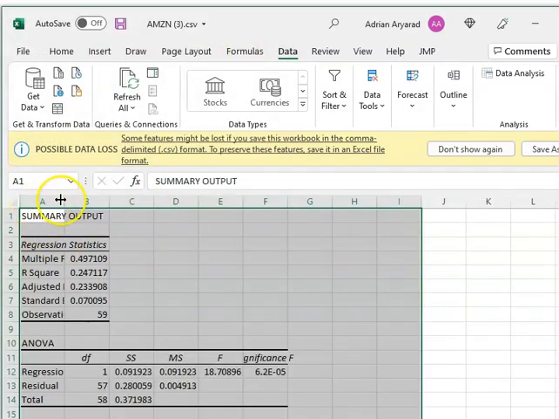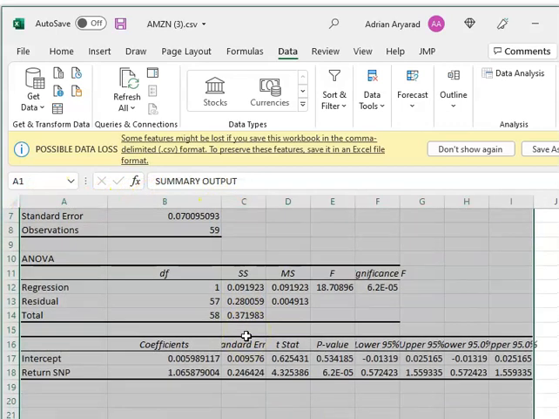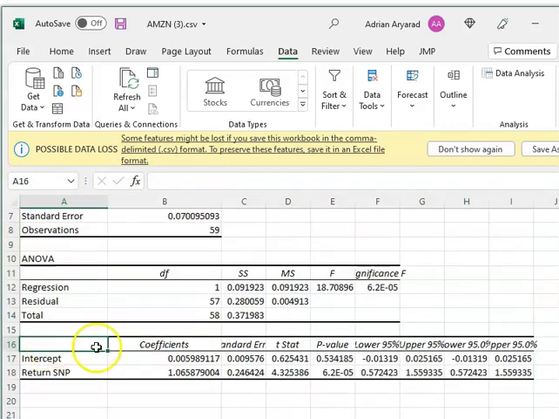And this is the regression results. And you can see here, this is the coefficient, and the coefficient of return of S&P is right there, 1.06. So what does that mean?